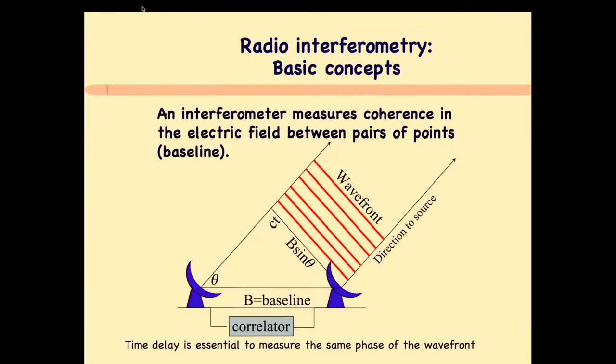Once you have this, this is called the baseline, and if you decide the direction you want to look at, the delay is b sine theta. So that's your baseline, right? And that's the interesting one. If you work it through, you see that this is basically a Fourier mode. It has to do with Fourier modes of the properties of your source. Which tells us already one thing that's complicated. If it's a Fourier mode, it's probably dependent on lambda, the wavelength.